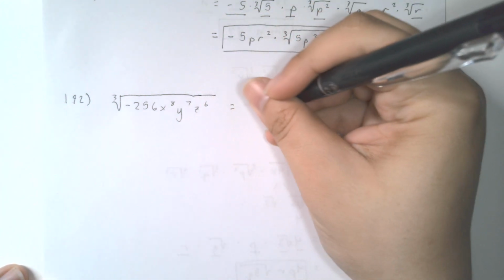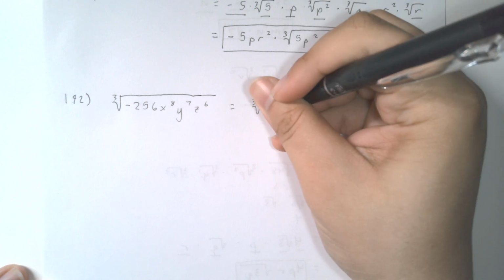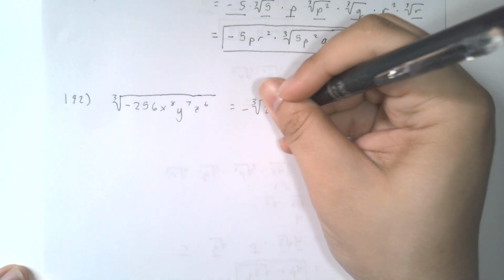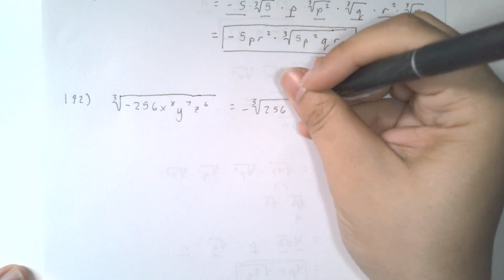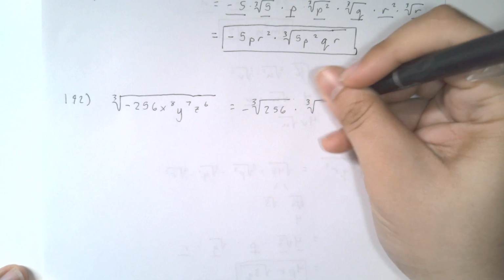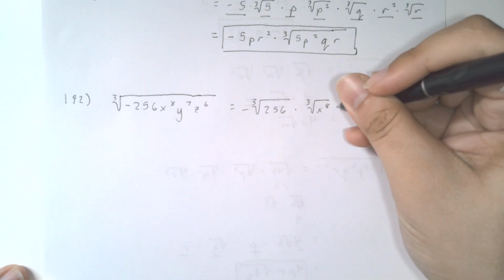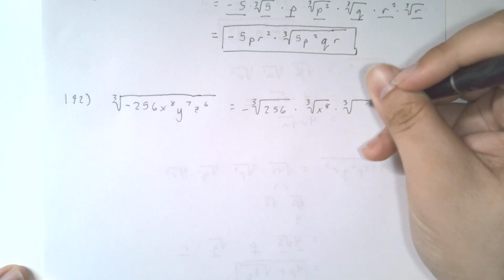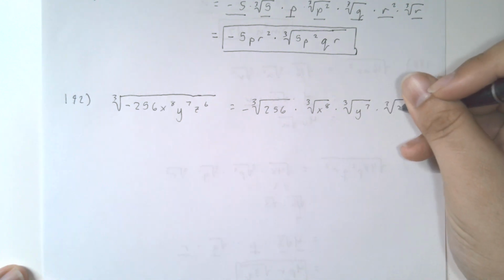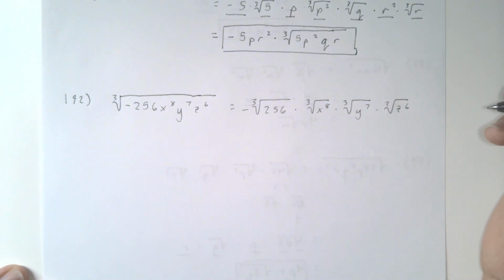So again, we split this up. Remember, we can take out that negative, so this is negative cube root of 256 times the cube root of x to the 8th, times the cube root of y to the 7th, times the cube root of z to the 6th.